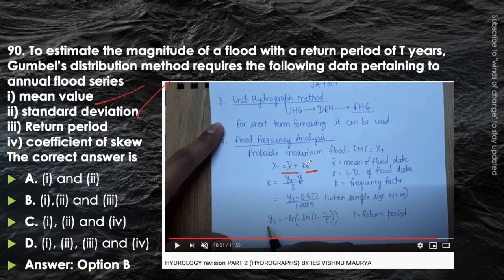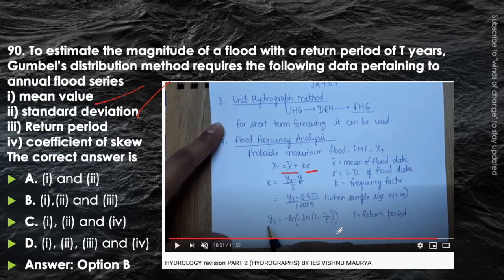Now in the value of K, K is composed of Yt minus Yn upon Sn. So here it will be Yt minus, these values are constant, only Yt is varying, and Yt depends upon minus of ln of 1 minus 1 upon T, where T is the return period. Okay. It will not depend upon the coefficient of skew, which does not come into this formula.